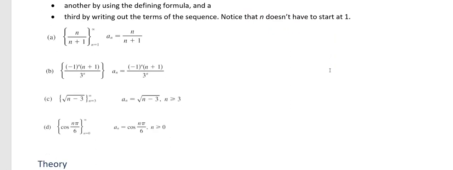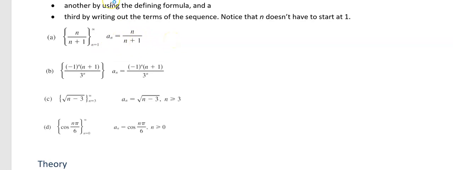So let's look at A, B, C, and D. Here we have 1 notation. This is telling us n over n plus 1 from 1 to infinity for our n values. This is the formula, n over n plus 1 denoted as a sub n. And now we could put it in terms of a list.